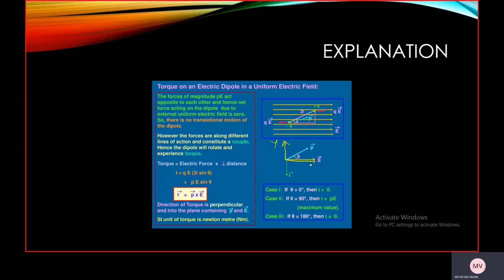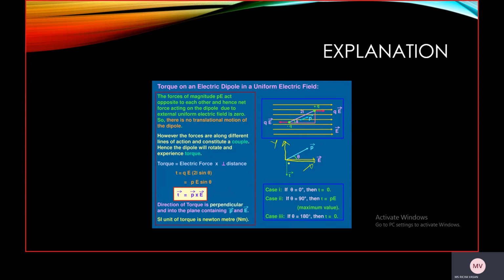Let us say this is the Y axis, this is the X axis, because we are considering a two-dimensional electric field. So their resultant, which is torque, will always be along the Z axis. Why? Because it is the rule of cross product that the resultant of a cross product will always be perpendicular to the plane in which the parent vectors are present.